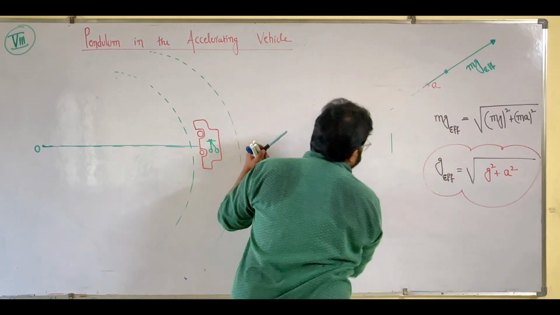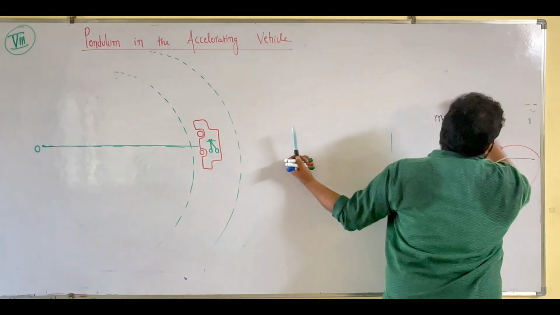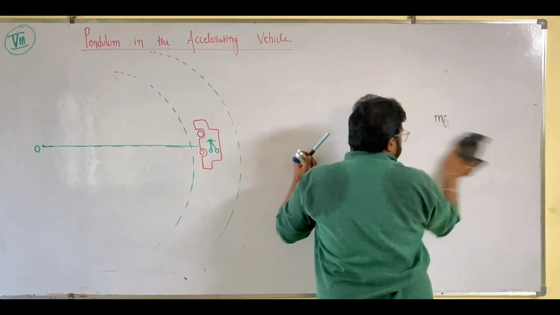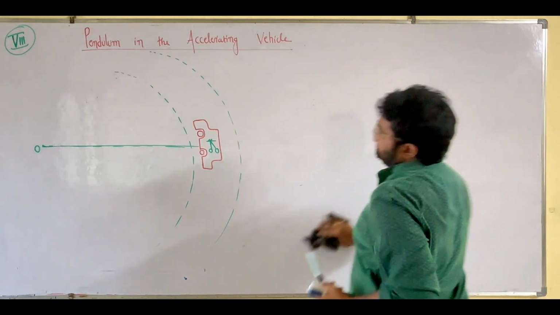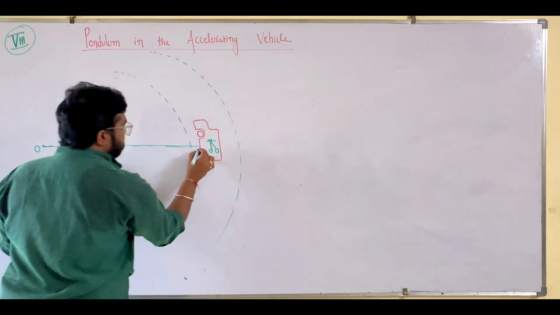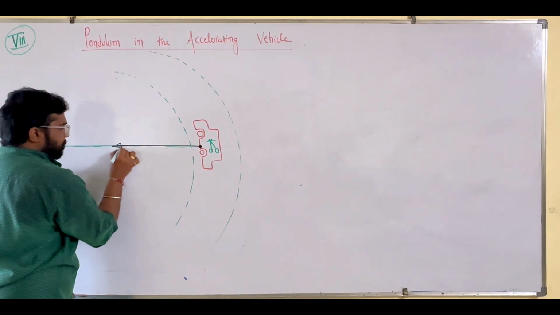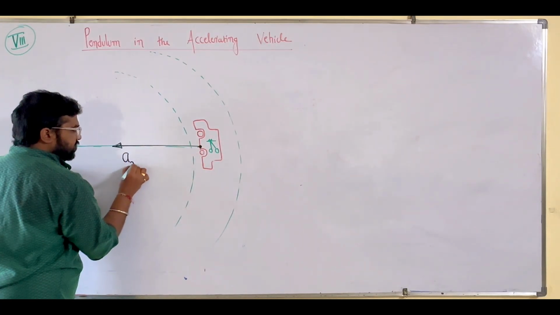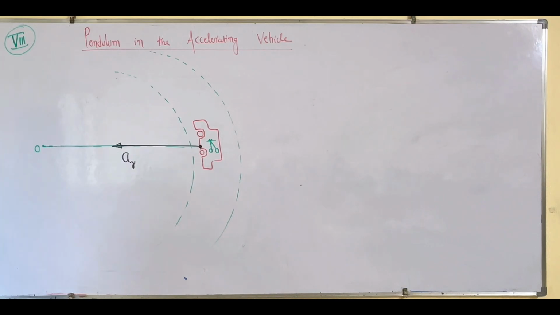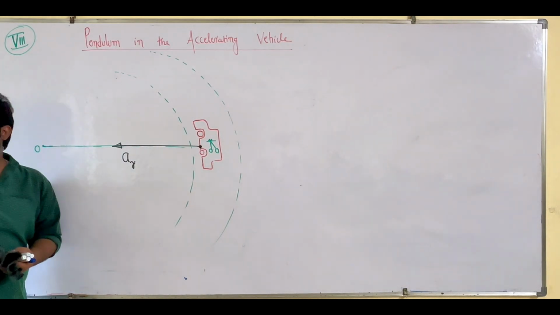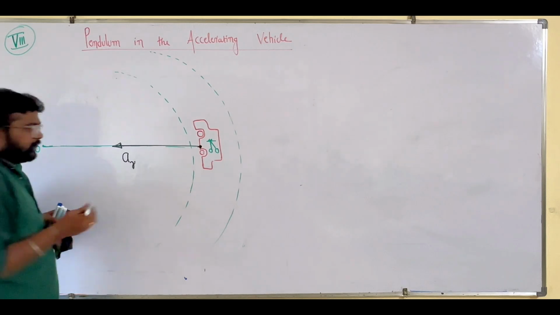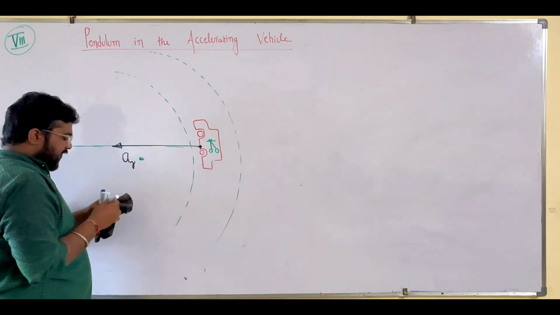What are the forces acting on the car? Tell me. Radial acceleration, so-called centripetal acceleration. It always acts towards the center of circular motion. This is called radial acceleration.